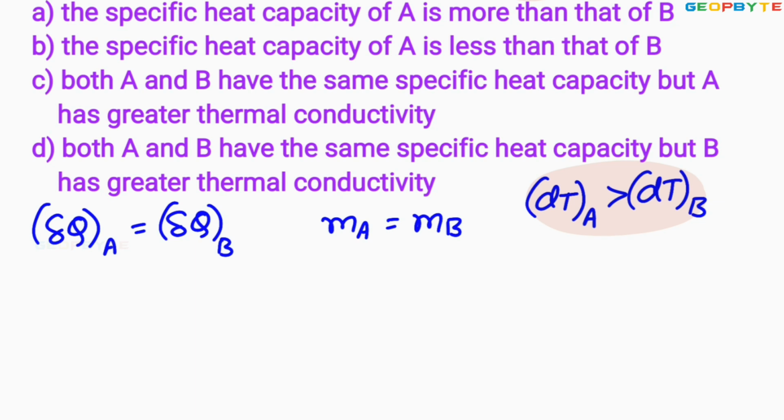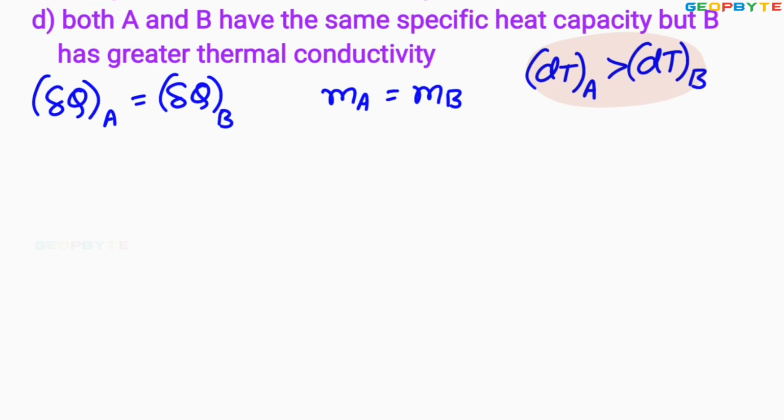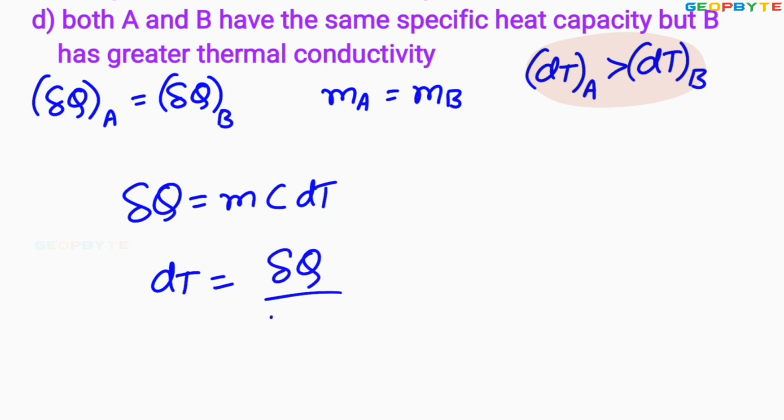It is like this. Dear friends, remember the heat transfer Q equal to m into C into dT. From this, change in temperature dT equal to del Q by m into C. Del Q is same for both cases. Mass is also remaining constant. Then for having the more temperature rise, the specific heat must be less.